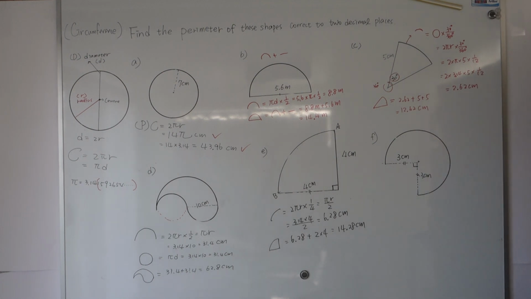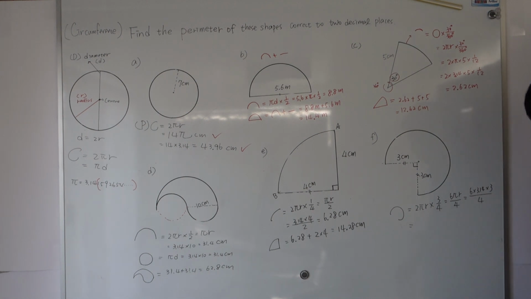Okay, F. Here is a right angle. It means here is 3/4. This is 3/4 of the circle, 3/4 of the circumference. So we just take this 3/4, so equal to 2 pi r times 3/4, right? So equal to 6 pi r over 4, equal to 6 times 3.14 times 3/4.